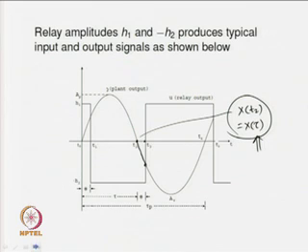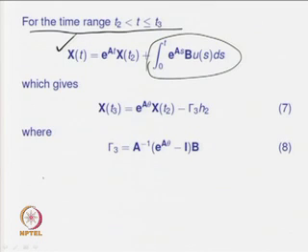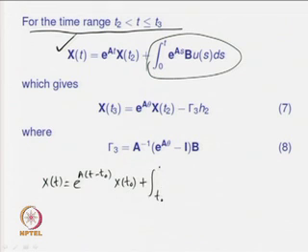If you have not forgotten the standard form for the solution of a state equation, in that case the solution is given as x(t) at any time is equal to e to the power A(t minus t0) x(t0) plus integral from t0 to t of e to the power A(t minus τ) b u(τ minus θ) dτ.